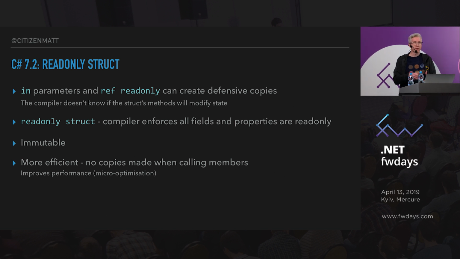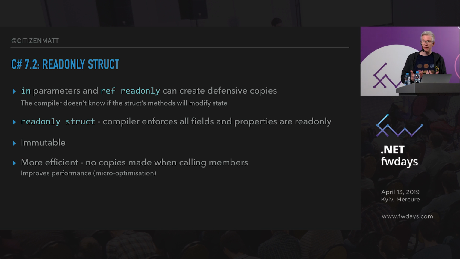And so there's another feature again which works around this, and this is the readonly struct option. And here you can tell the compiler that this struct is going to be read-only. And if you define something as a readonly struct, the compiler will insist that all of the fields are themselves declared as read-only.